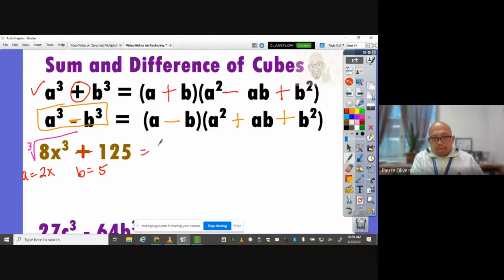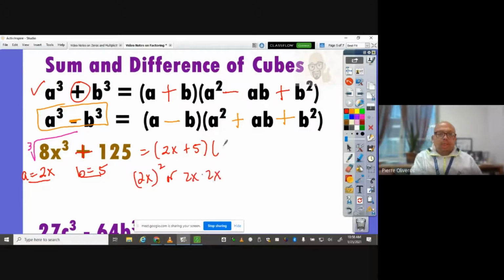It says there a plus b, so a plus b here is 2x plus 5. Where did I get that one? Because this is the a and that's the b. A squared means 2x squared, or you can write 2x times 2x. What's 2x times 2x? 4x squared. A common mistake of students is they'll write 2x squared. That's wrong.